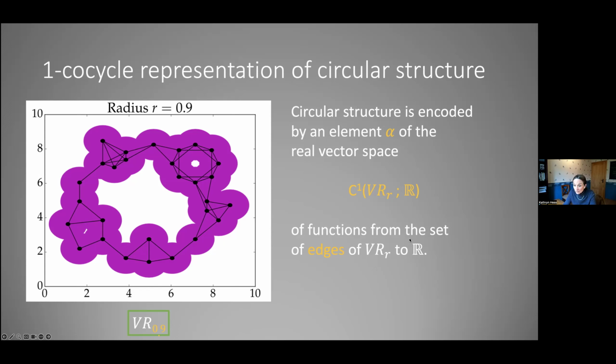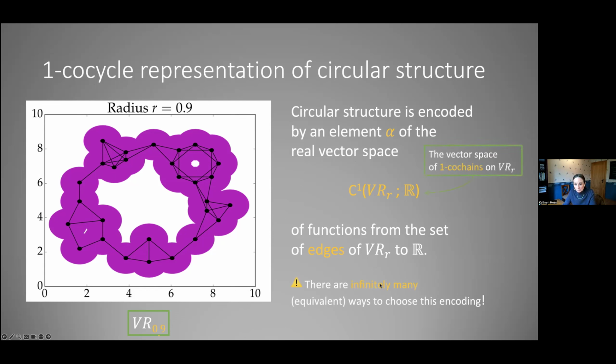That is, I'm assigning a real number to every edge in this graph that we've constructed here. And because it's a circular structure, it'll turn out this alpha satisfies a nice property. So it's not just what we call a one-cochain, but actually a one-cocycle.